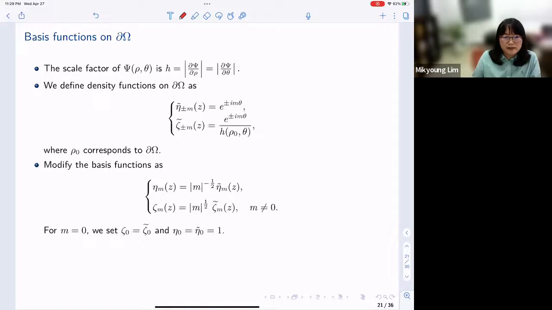And we modify the basis by the square root of n. It's similar to the modification from the Grunsky coefficient C to the symmetric coefficient G. The eta is divided by the square root of n, and zeta is multiplied by the square root of n.